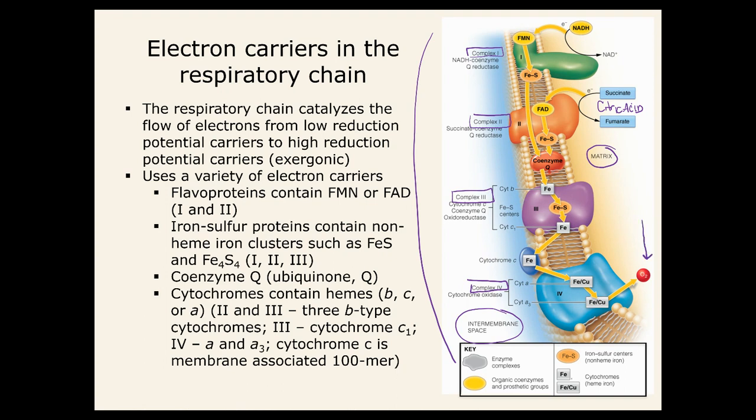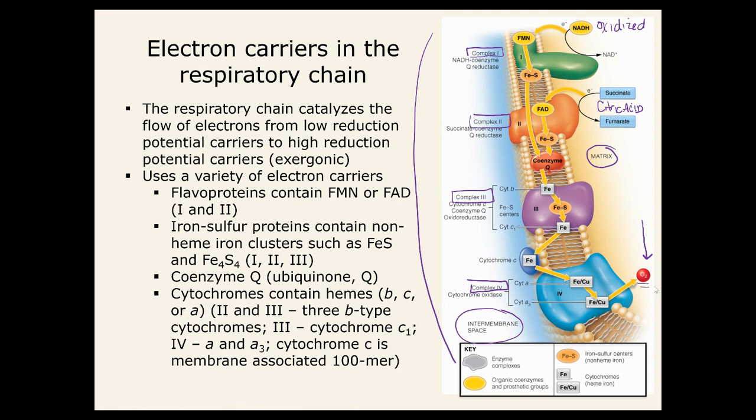Oxygen, ultimate electron acceptor. It wants to be reduced the most. And so it's going from the one that wants to be oxidized up here, and it keeps passing electrons to ones that want to be reduced more until it gets to oxygen, which wants to be reduced the most on this incredible list of electron carriers.